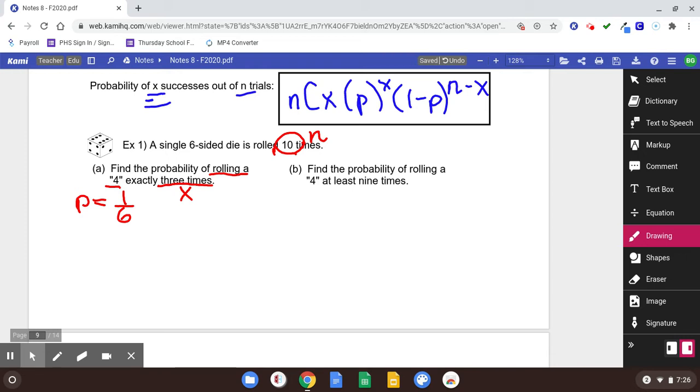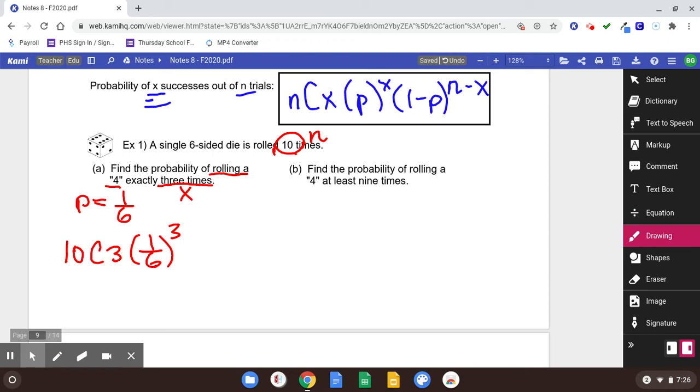So we need to use those numbers and plug them into the formula. So n is 10, and then we're going to have C, and X is 3. And then the probability of success is 1/6, and we're going to have that success 3 times. So that means we're rolling a 4 3 times.